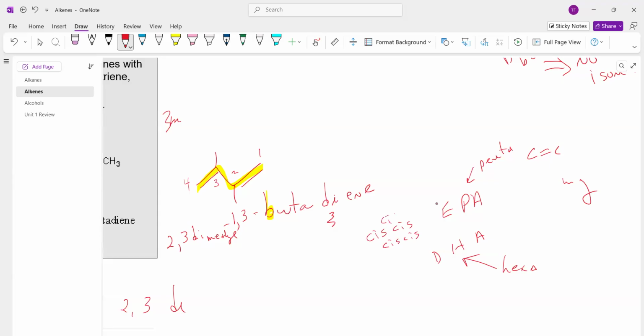And there are 5 of these, so you go cis, cis, cis, cis, cis, EPA. Now EPA is defined with 5 cis double bonds, and this is 6 cis's here. So you have cis, cis, cis, cis, cis, cis, and they're usually separated by commas. And notice no trans.